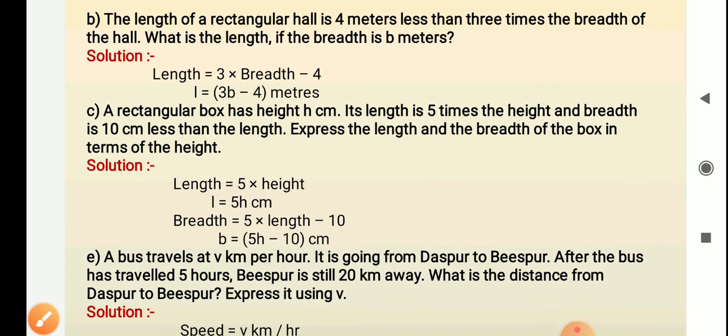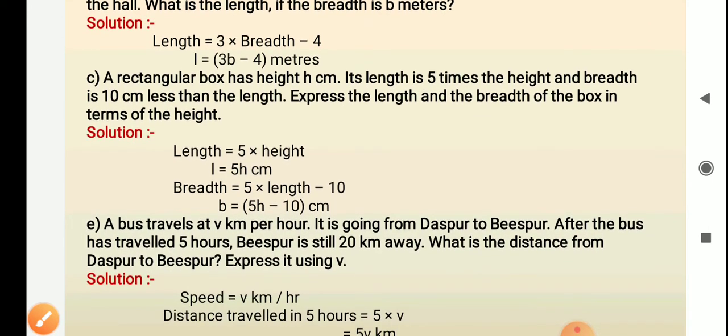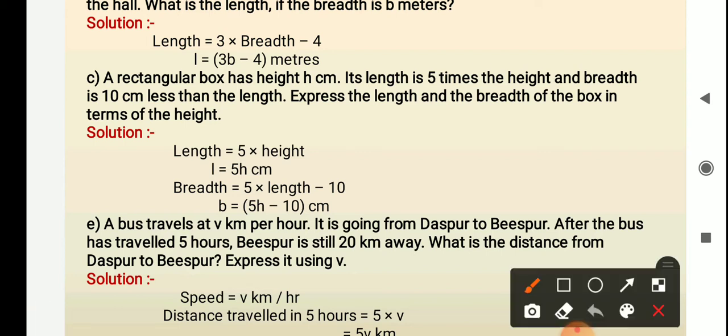Okay, now see the next question. A rectangular box has height h centimeter. Its length is 5 times the height and breadth is 10 centimeter less than the length. Express the length and the breadth of the box in terms of the height. Now see students, here the rectangular box's height is given, h centimeter.